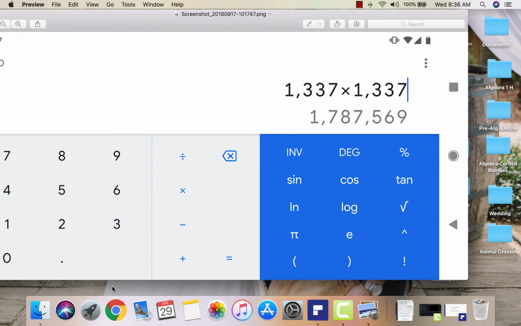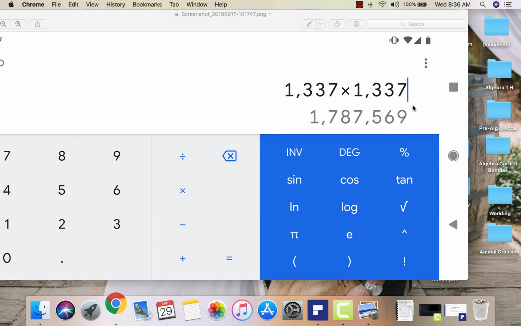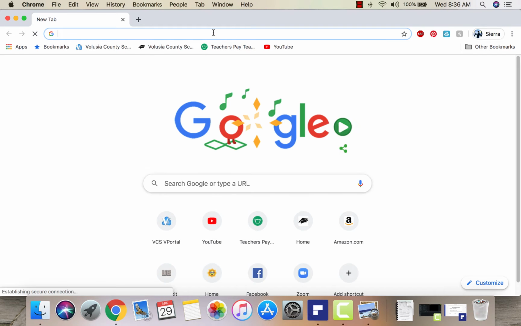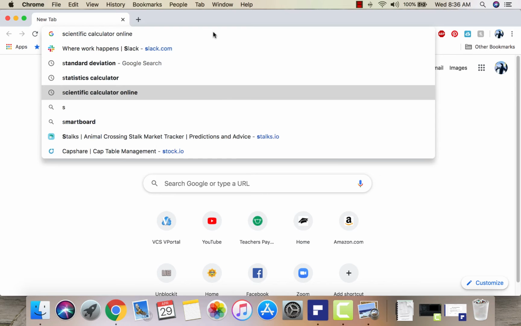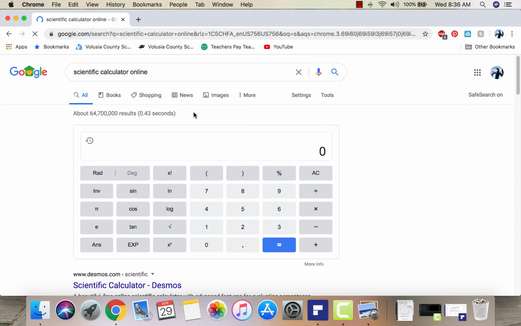If you don't have any of those, you can just Google search scientific calculator, and this will pop up and it has sine, cosine, and tangent.